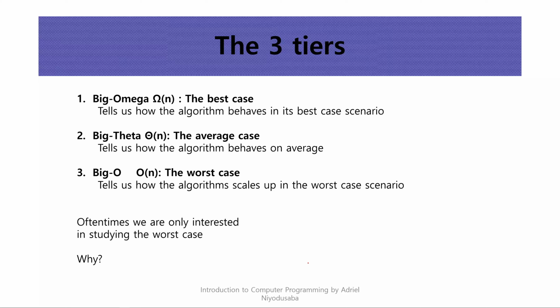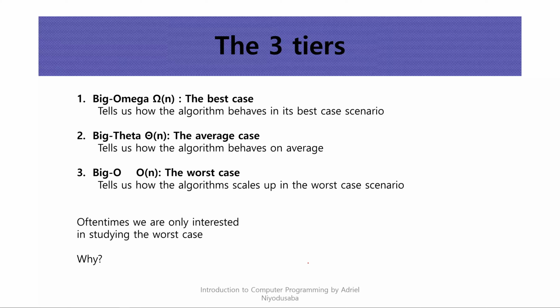Suppose you had an algorithm which looks for the largest element in an array of numbers, a list of numbers. The best case scenario would be where you are given an array which is just empty, because you don't need to do any work. That's what big omega tells you.